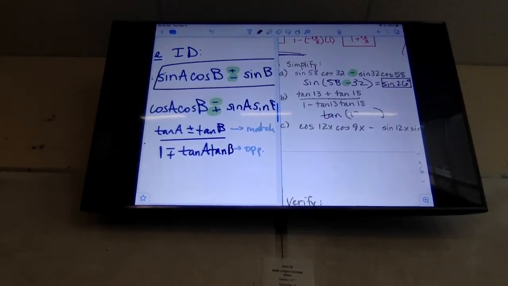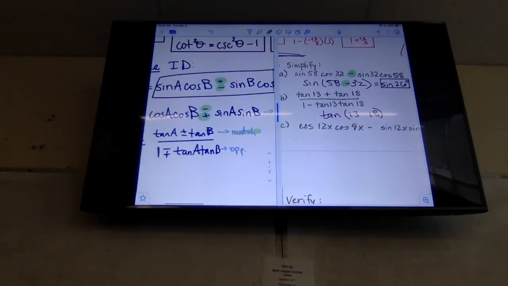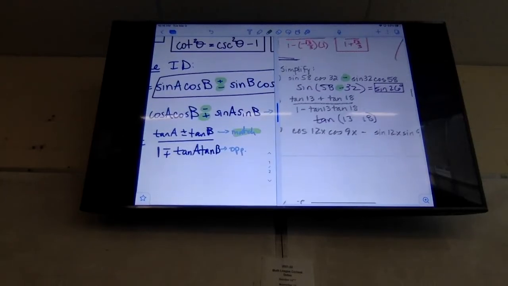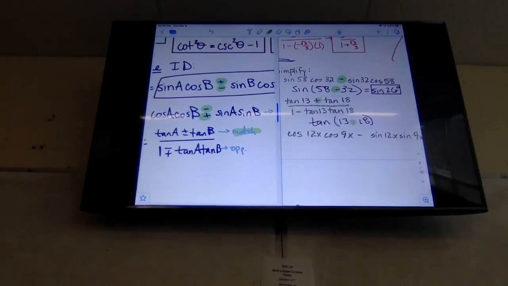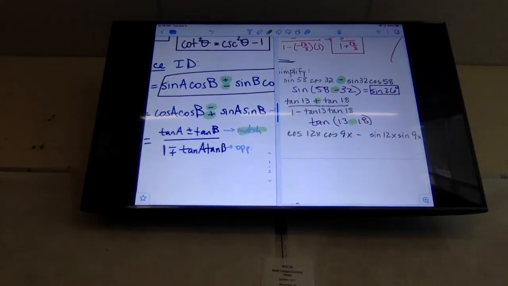And I'm going to have 13 and 18. And I care about how I combine them again. Just like in sine, my numerator, the signs match what's given to us. So if we have a plus on the top, then I'm going to have a plus in between those two. Remember that the minus plus means that whatever is given to me, I want to do the opposite of it.